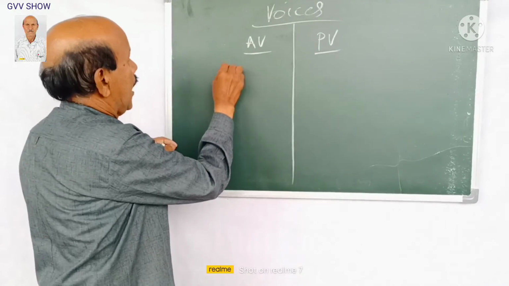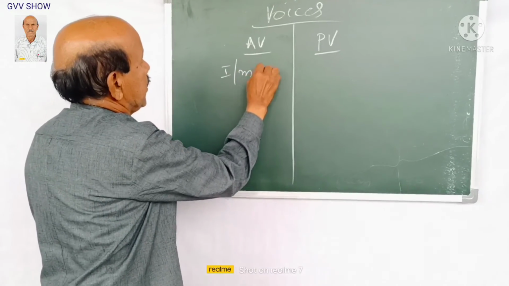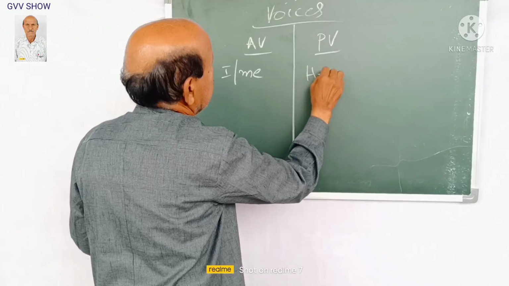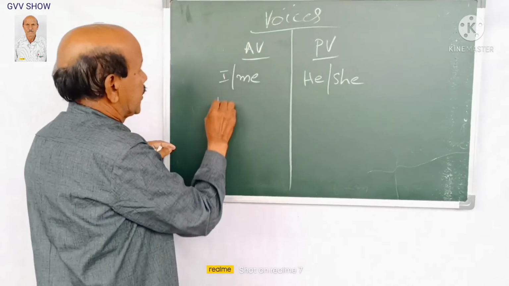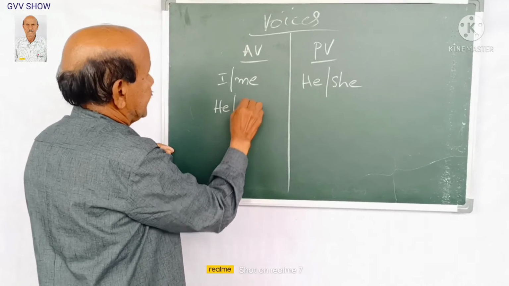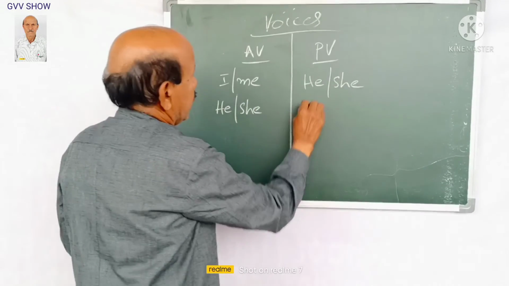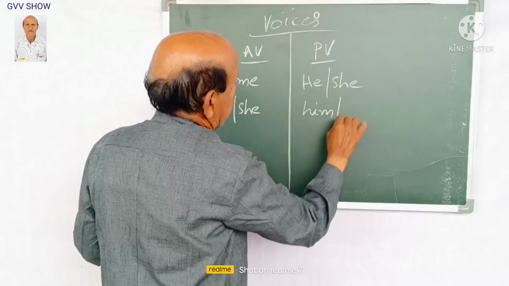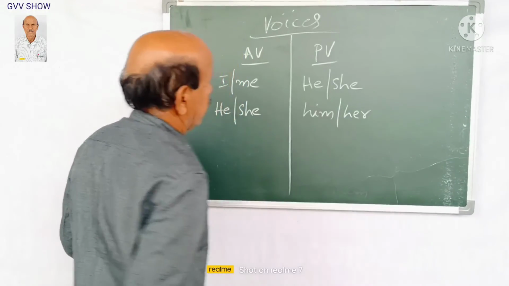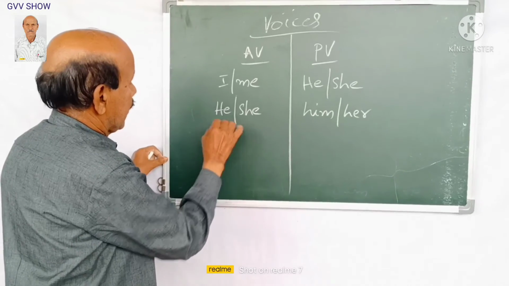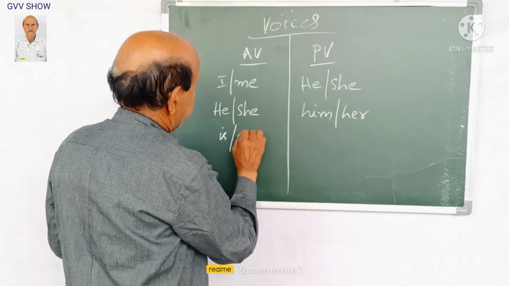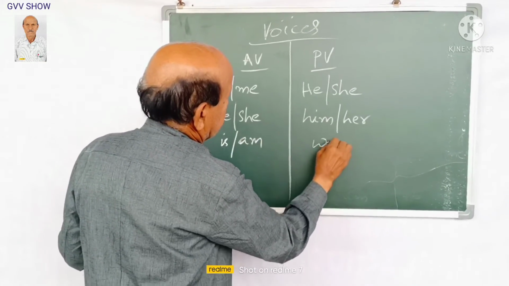So I, me, he, she. When it comes to he and she, him, her. So is, am, was.